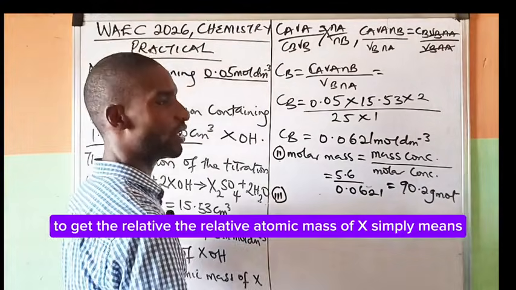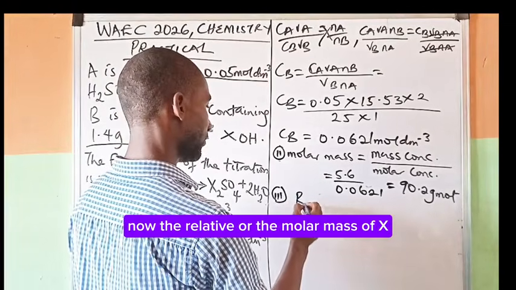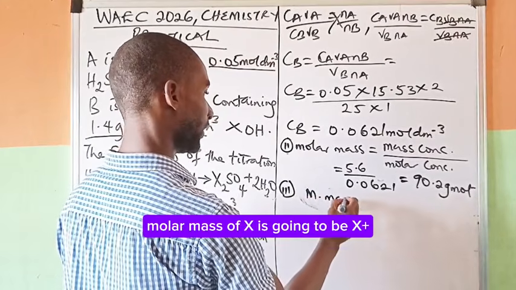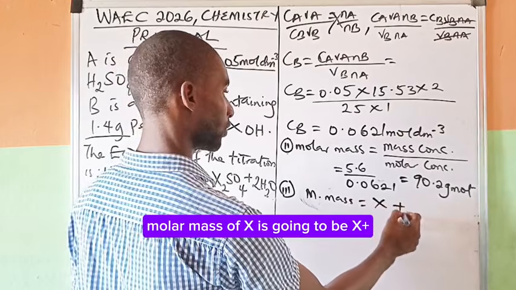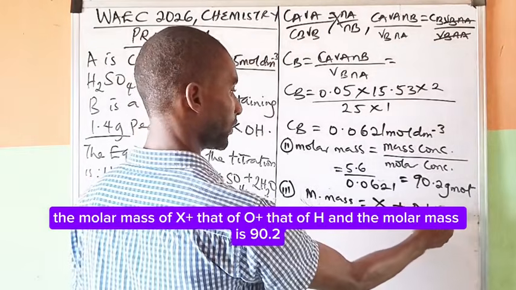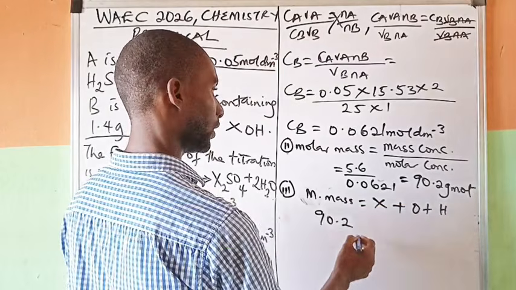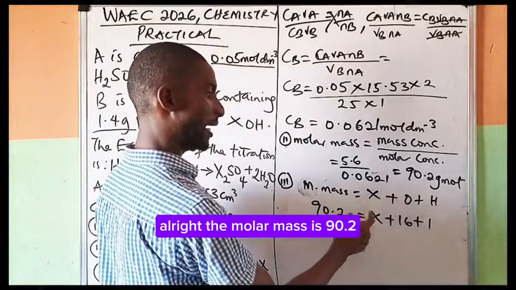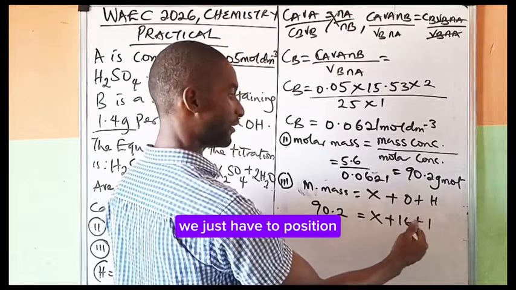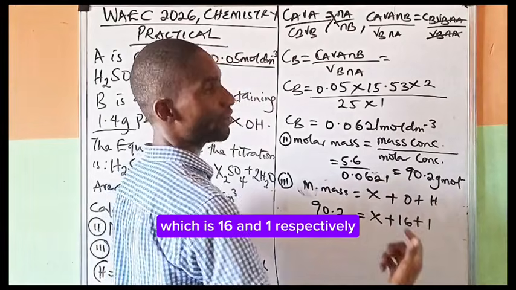The molar mass of XOH is going to be the molar mass of X plus that of O plus that of H. And the molar mass is 90.2, and we have to find the relative atomic mass of X. We just have to insert the relative atomic mass of oxygen and hydrogen, which is 16 and 1 respectively.